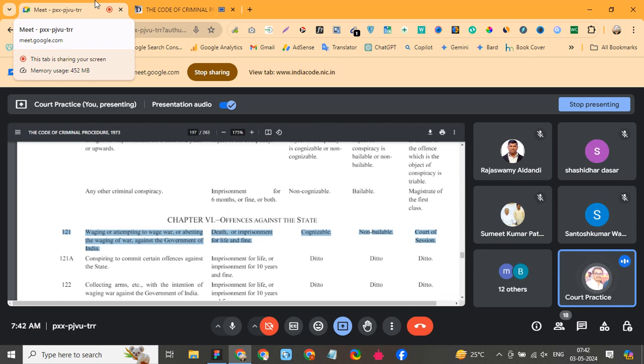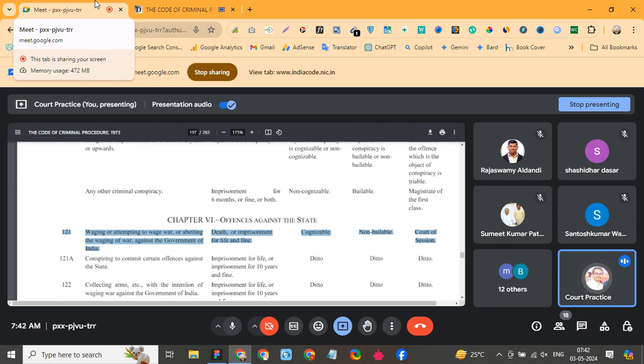Next, regarding the non-bailable offense, it is serious in nature, and that is why a person does not have a right to bail, but the court can give bail with some conditions, following the due procedure of law. It totally depends on what the court thinks fit.